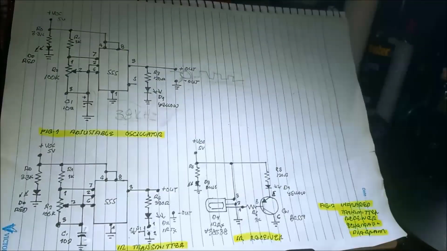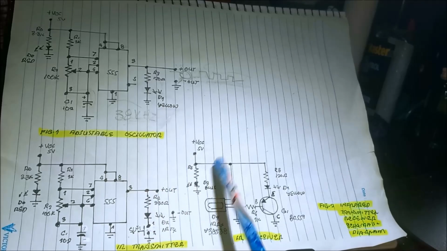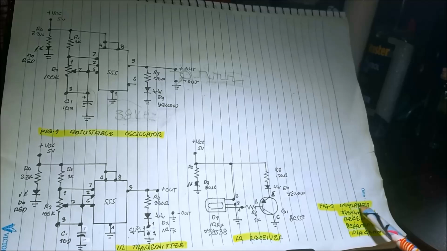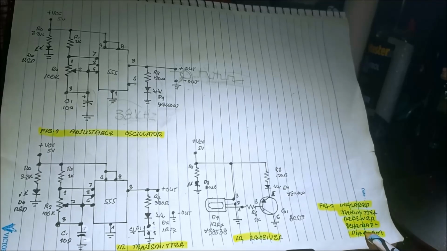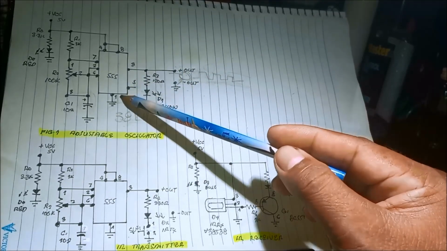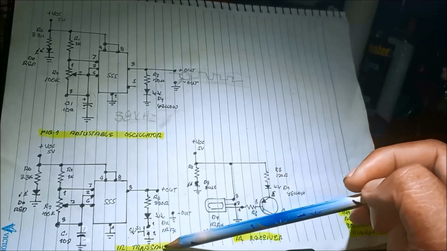We have now our new schematic diagram. Figure 2, infrared transmitter receiver schematic diagram. So this is the original, the oscillator. Now we have this infrared transmitter.